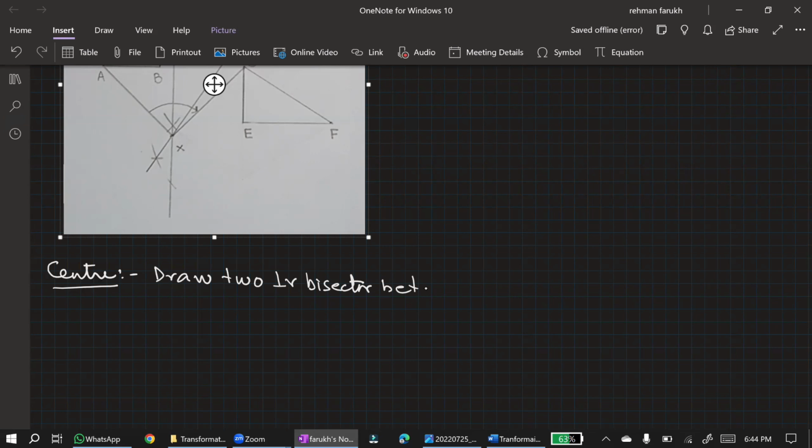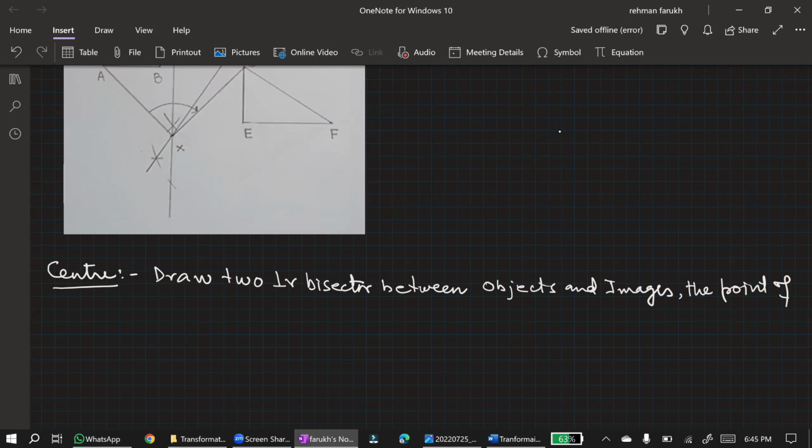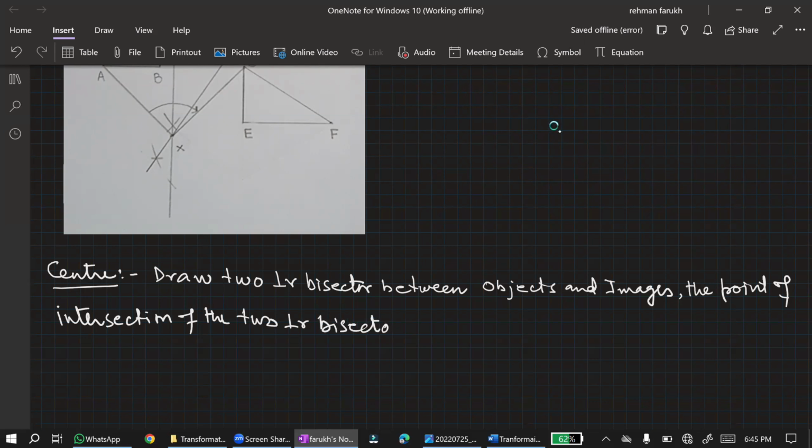Between pairs of objects and images. The point of intersection of the two perpendicular bisectors is the center of rotation.